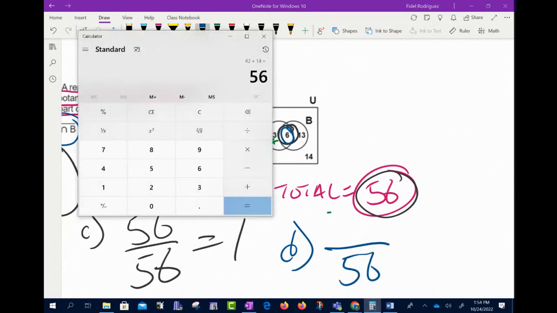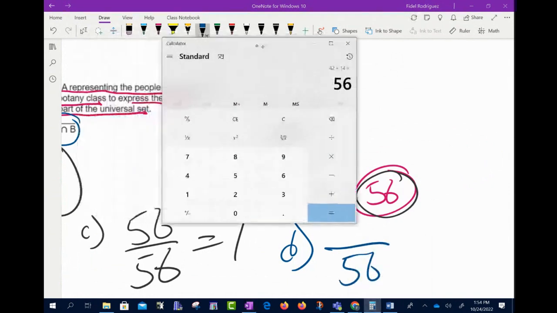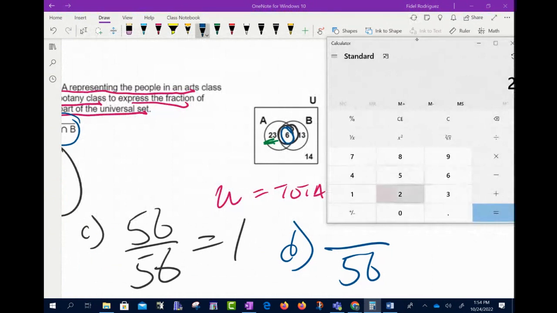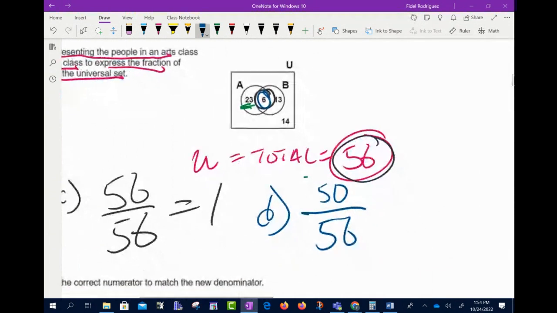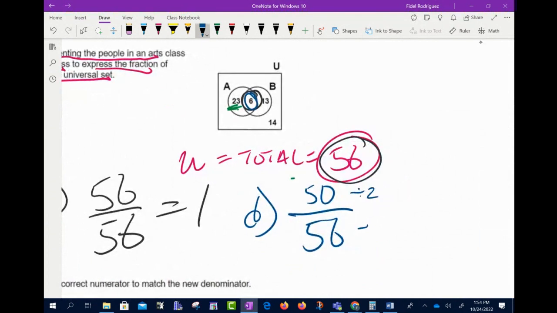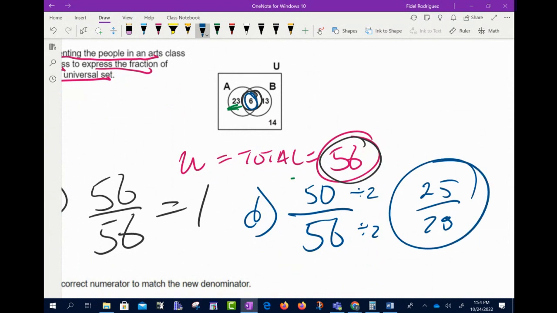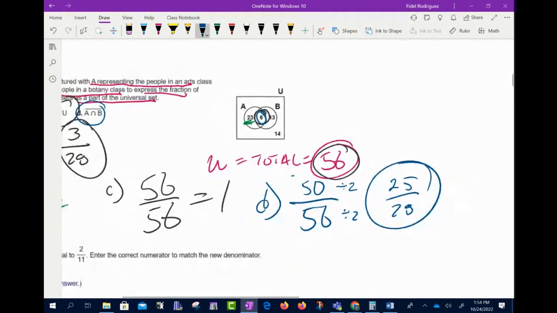Okay. So what numbers am I looking at? I'm looking at all the numbers except for 6, like 23, and 13 and 14, 50, right? Again, what would I tell my students? Look, y'all, we can divide them both by 2. That's 25 and that's 28, and that's where we would stop, okay?